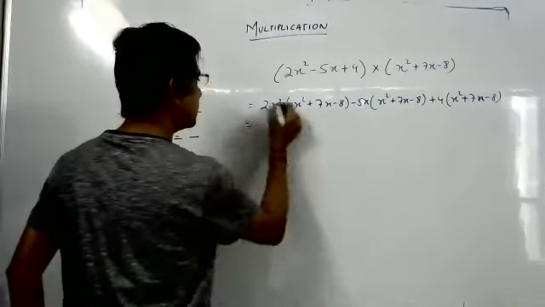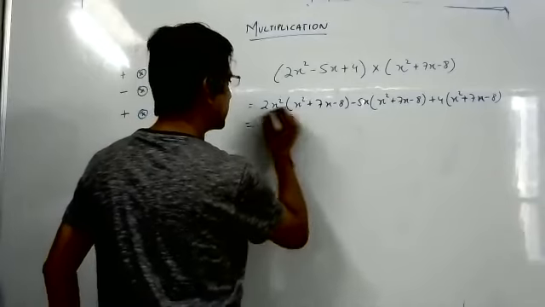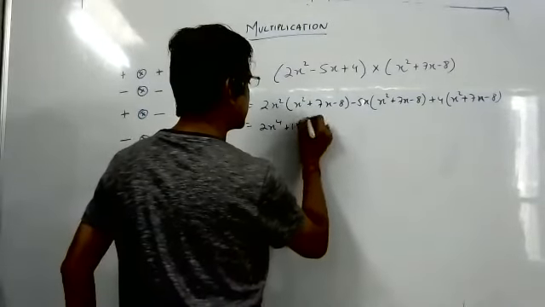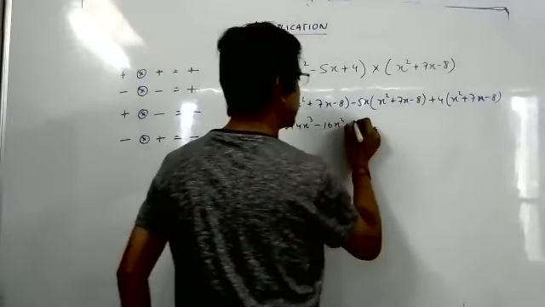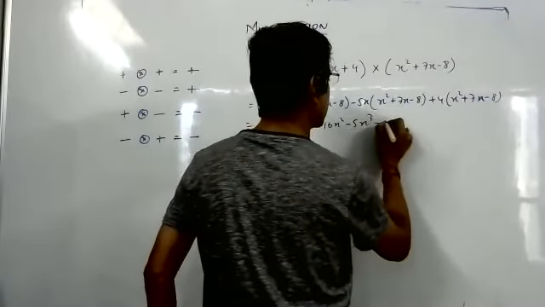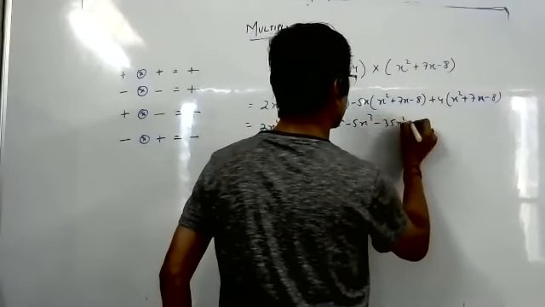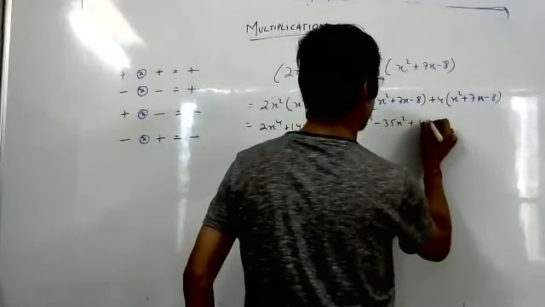Yes, sir. Now 2x to the power 4, then 14x cube, then minus 16x square, minus 5x cube, minus 35x square, plus 4x square, and 40x.